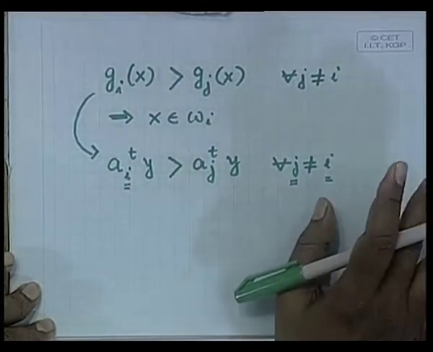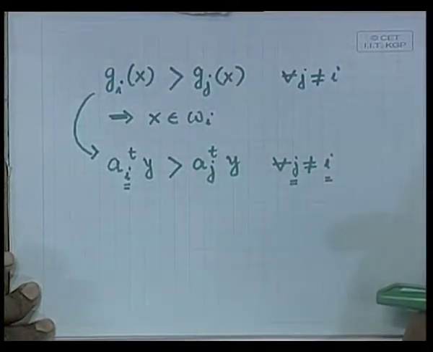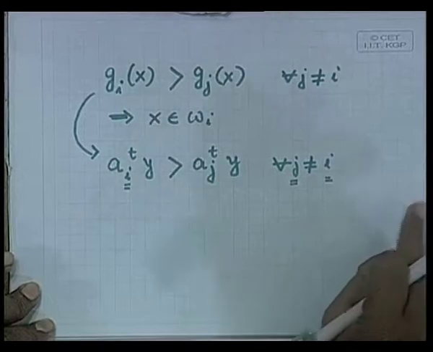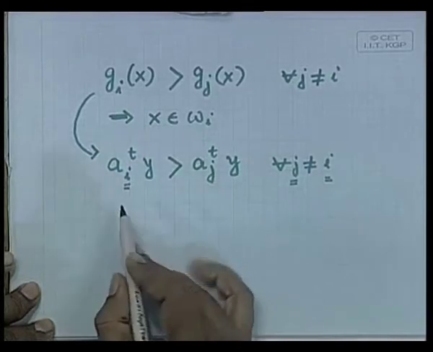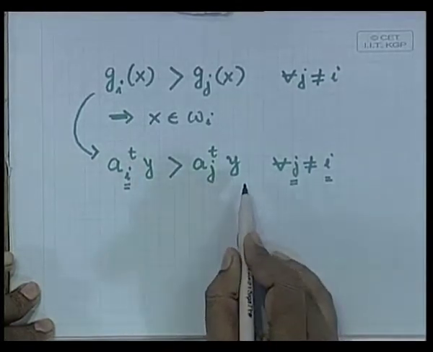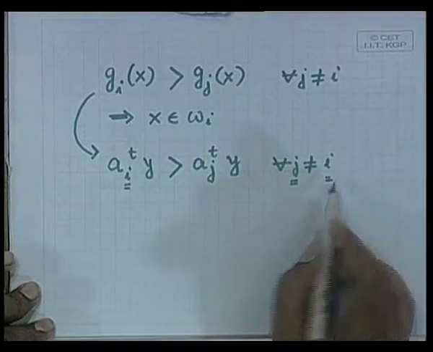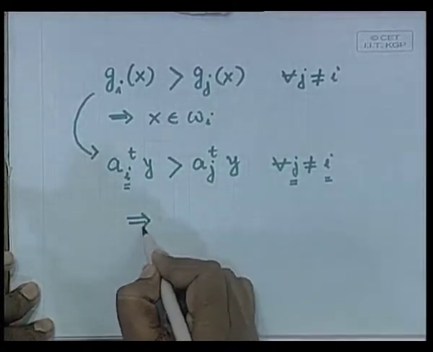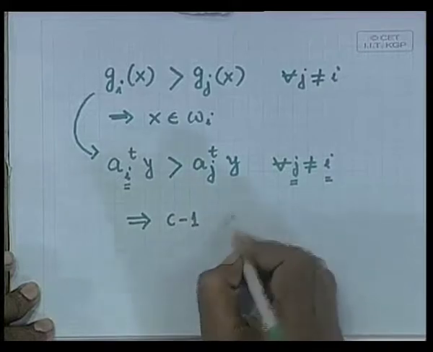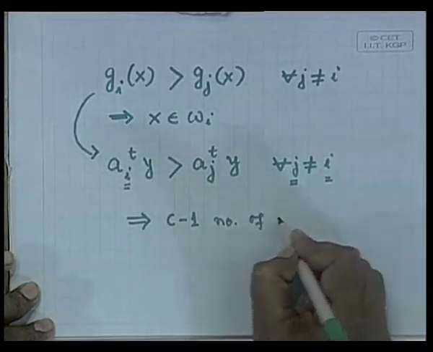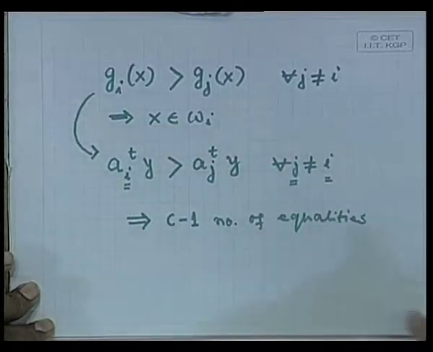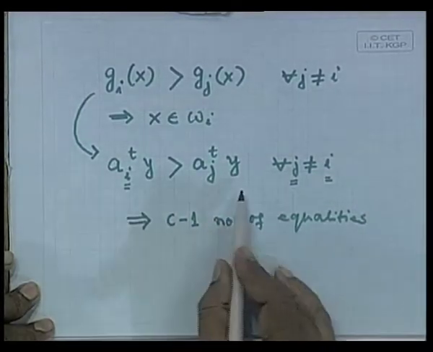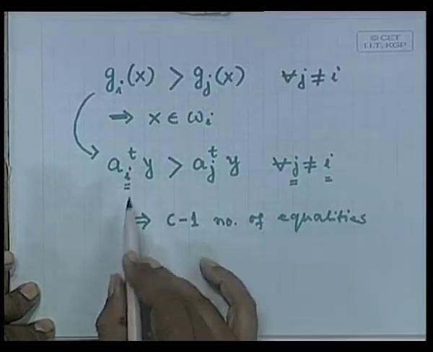That means j can have C minus 1 number of values. The one which is left out is equal to I. So, this inequality, A I transpose y greater than A j transpose y for all j not equal to I, is actually equivalent to C minus 1 number of inequalities. In all those inequalities, I have to have the condition true.